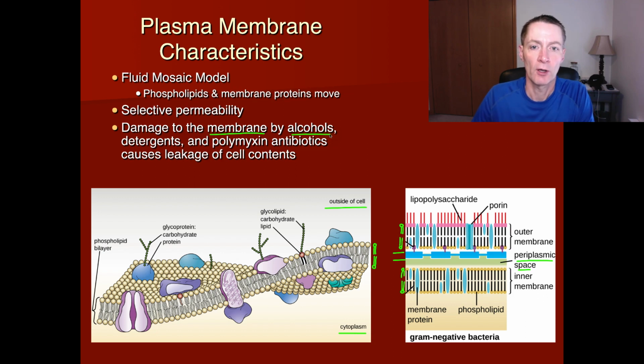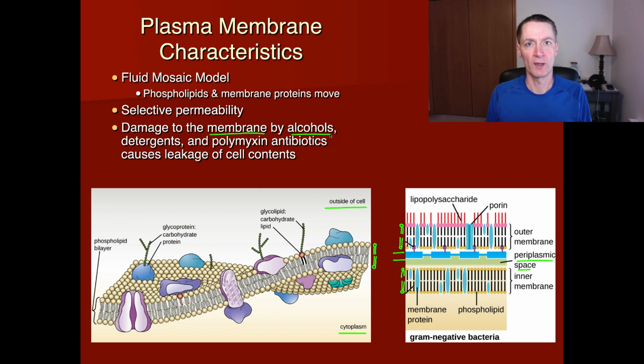And what are these alcohols doing? Well, they have an amphipathic characteristic. In other words, they have a little bit of a nonpolar, uncharged characteristic and a little bit of a polar characteristic, just like these phospholipid molecules. And they start to chip away at these phospholipid bilayers.